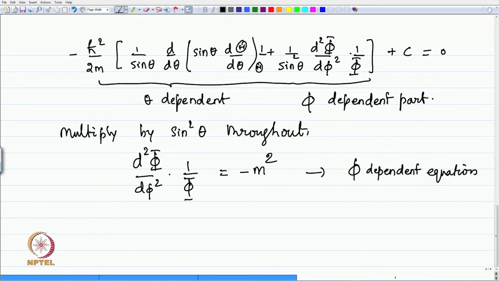And for the theta dependent form, there is also a minus h bar square by 2m here.